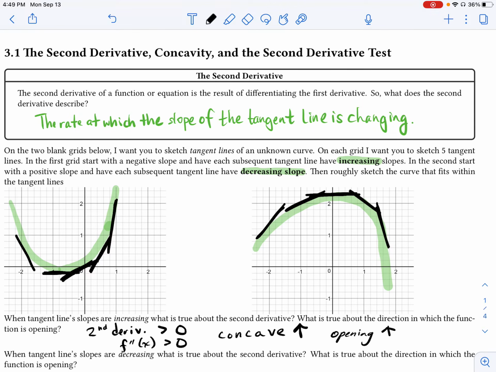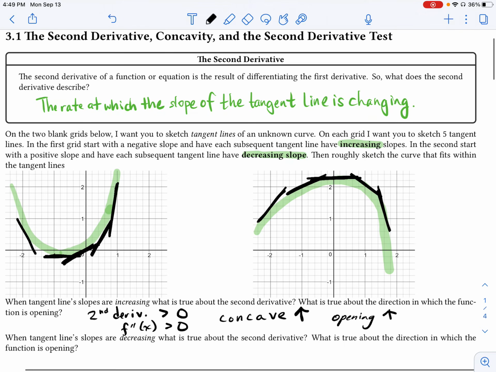Now, what about when those tangent lines are decreasing? Well, when the tangent lines are decreasing, what that means is that our second derivative, or actually, you know what, we know how to write the second derivative by now. The second derivative this time is negative. That's not to say that the slope is negative.